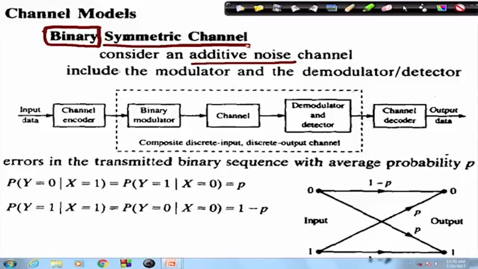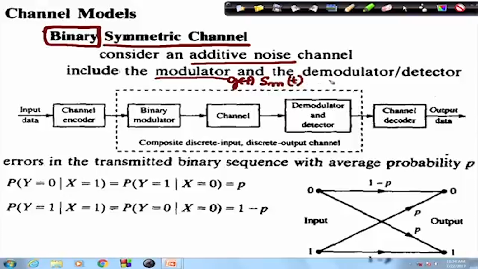As it says, it includes the modulator and the demodulator. If we remember, in the modulator we had the g of t and we had the S m of t, right.